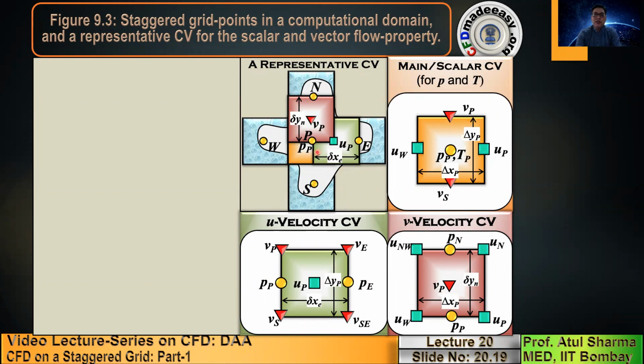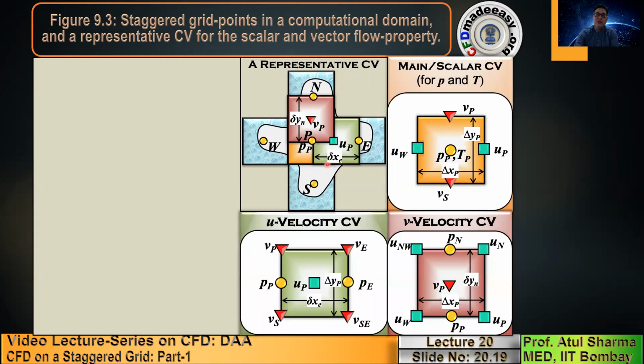Note that we use one running index not only for U, V, and P, but also for the geometrical parameters. I have mentioned that for a uniform Cartesian grid, you only have a delta X and delta Y. But when you consider a non-uniform Cartesian grid, then the width of the control volume, delta X, varies in the X direction and delta Y varies in the Y direction.